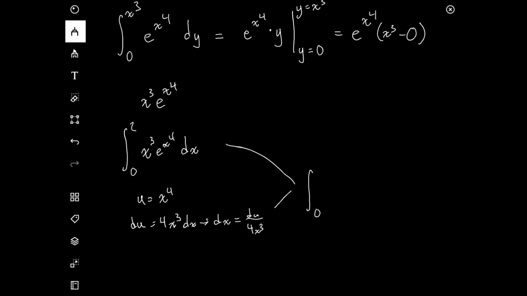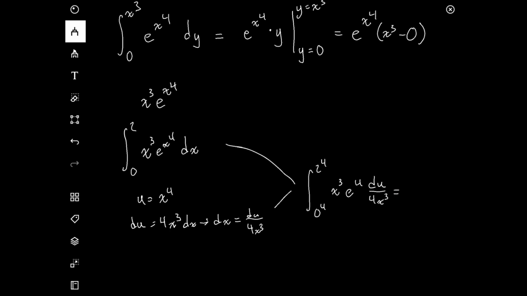So we have 0 to the fourth and 2 to the fourth. We have x to the third, e to the u, and the dx becomes du over 4x to the third.